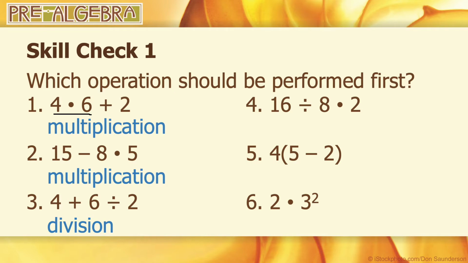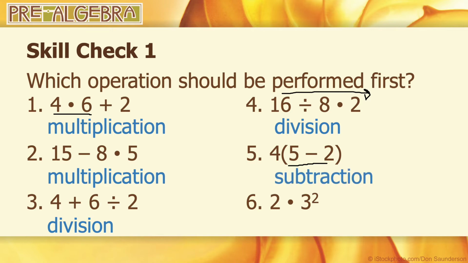Number 4, division, because in this case we're working from left to right. Okay, number 5, this one's kind of tricky. We have an operation that takes place in the parentheses, so we do need to do that one first before we multiply. That's subtraction, and then the last one is the exponent.